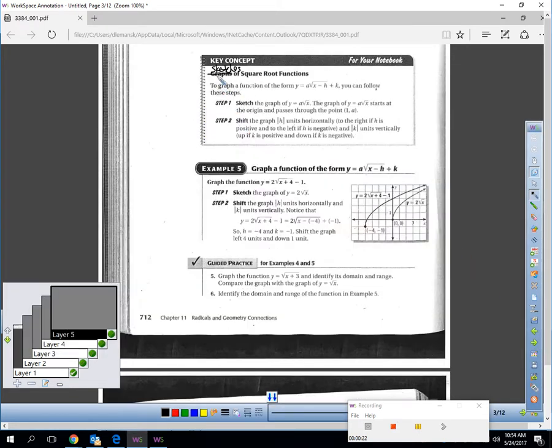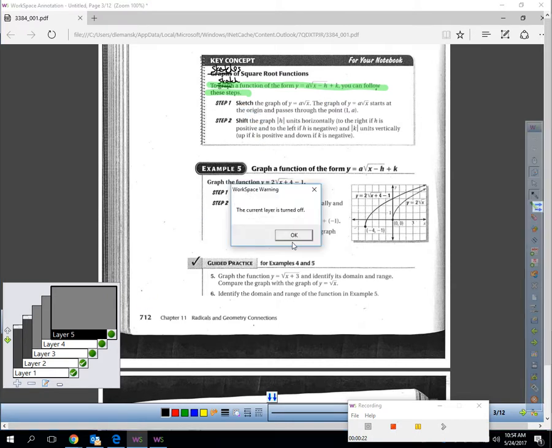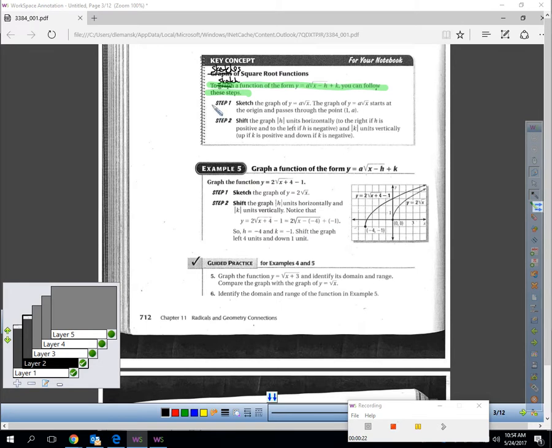Let's talk about how we sketch a square root function. To sketch a function in the form y equals a times square root of x minus h plus k, you can follow these steps. These look more complex than what I think we need, so here are the two steps I would like you to follow.